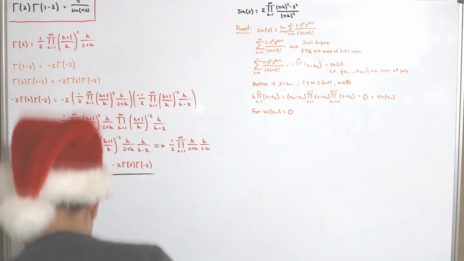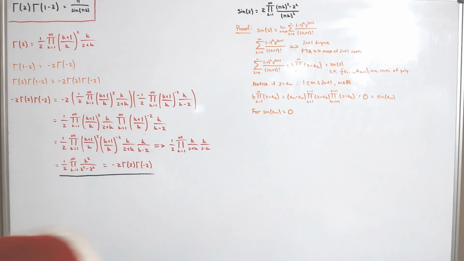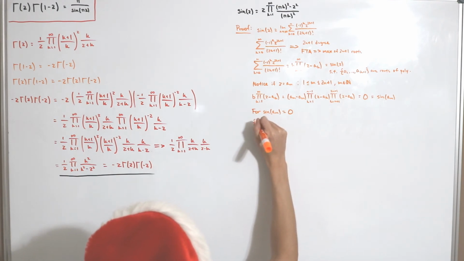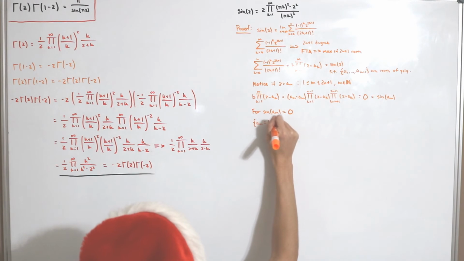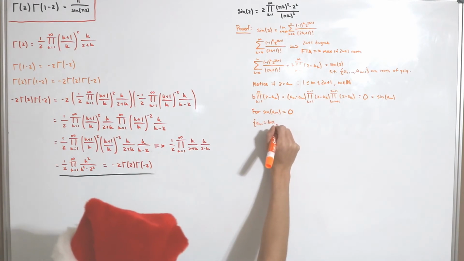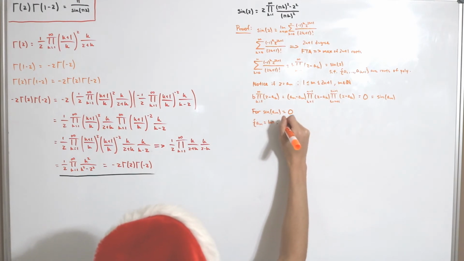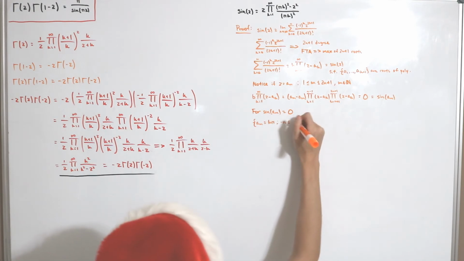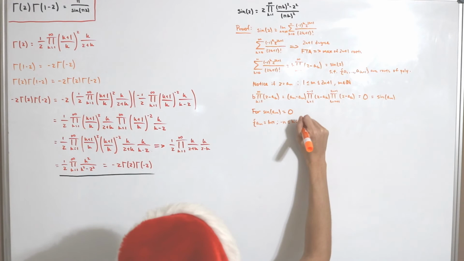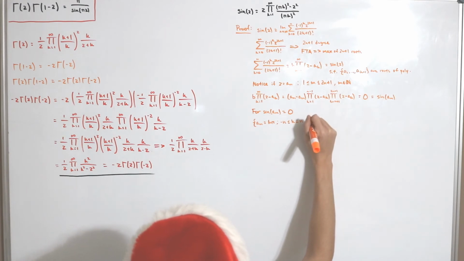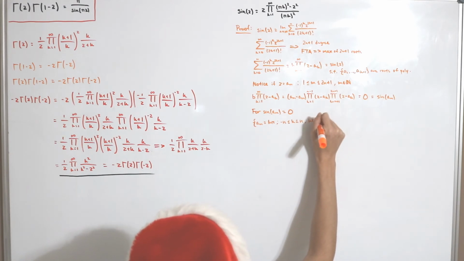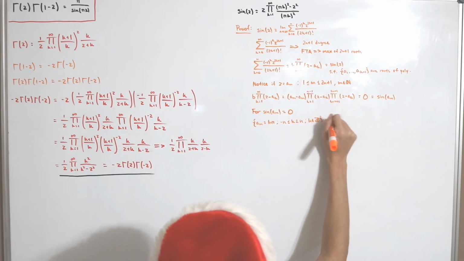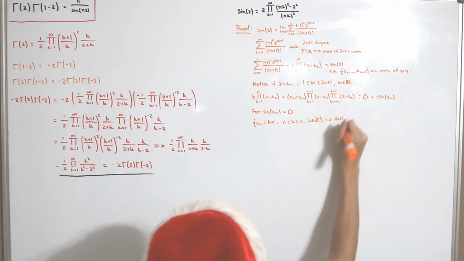So we can build the following set. The set a sub m is equal to k times pi, such that negative n is less than or equal to k, which is less than or equal to n, where k can be any integer. This set has 2n plus 1 elements.